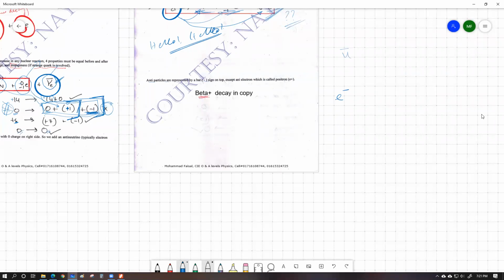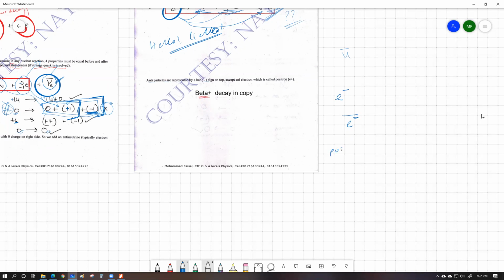Then they came to the problem that, well, how do we represent the antiparticle of the electron? Are we going to write it as e minus bar? This is just not okay because apparently there are two horizontal lines on top. Also, the positron was one of the very earliest antiparticles scientists found out, so they thought there can be a lot of different types of particles like these. So they decided that the antiparticle of the electron would have an individual name.